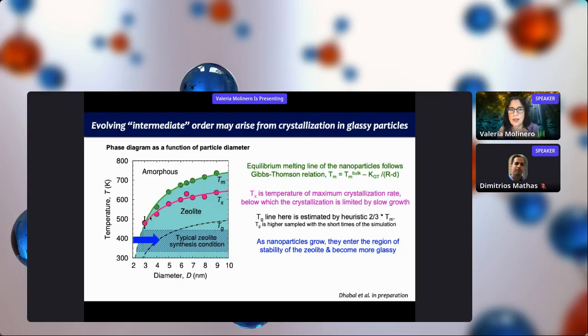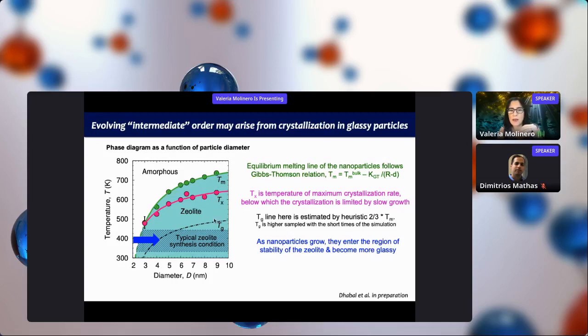So this is the equilibrium melting line, shown here in green. Then you can also come from above and take each of these aggregates and cool them down, and what you will find is that there's a temperature of maximum crystallization rate. This temperature of maximum crystallization rate, Tx, is where there is a crossover between nucleation-dominated crystallization above, between Tm and Tx, and growth-dominated crystallization when you're going down.